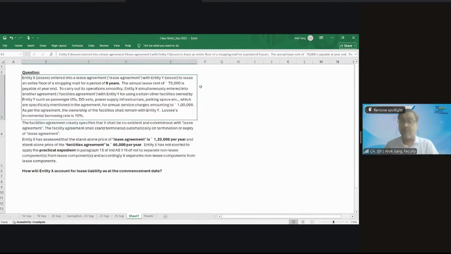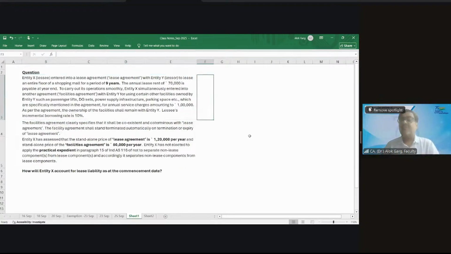Or if you don't want to split them, then you can consider the entire contract as a lease contract, right? So there is a practical expedient available in the standard, and the standard says that if you are not able to break between lease and non-lease, or you don't want to break, then you can apply the practical expedient and consider the entire payment as a lease payment.